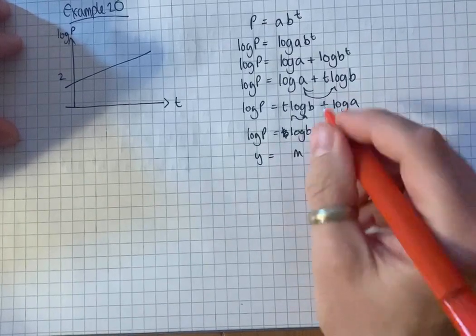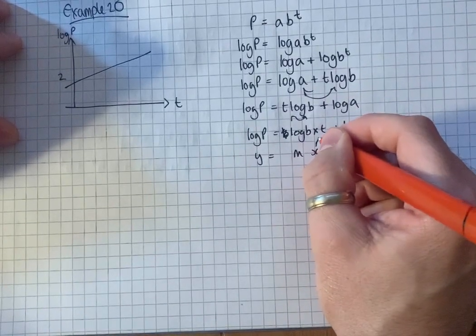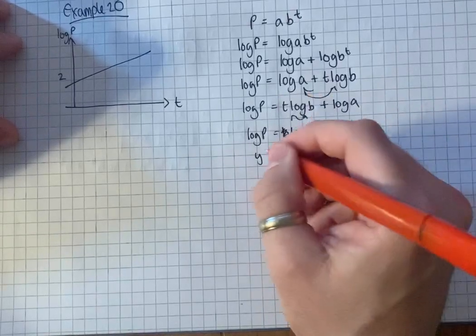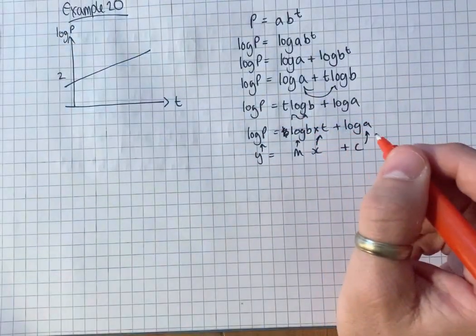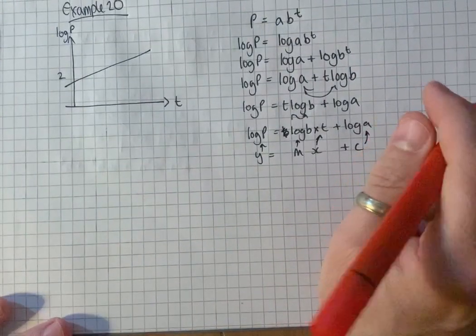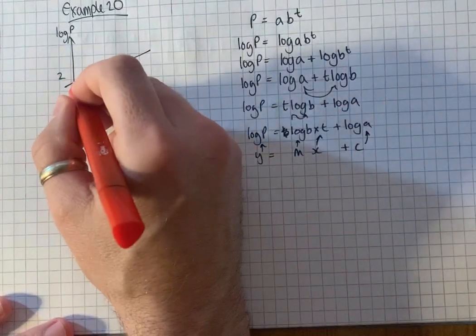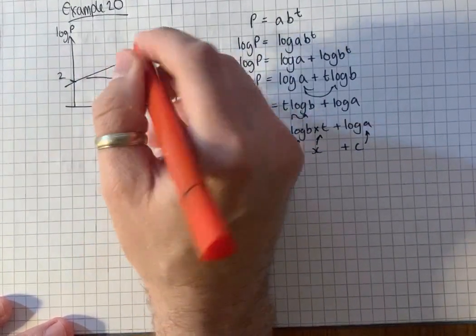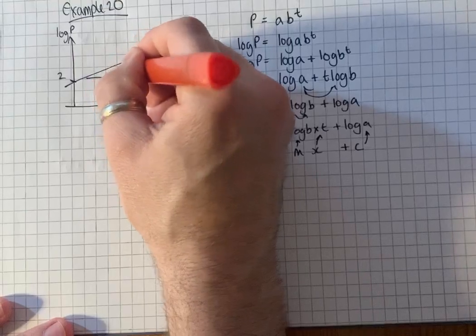So the intercept log A, horizontal axis rather is t, gradient log B, and the vertical axis log P. Now we're told actually in the graph it went through the point 0, 2 and it had a gradient of 0.6.